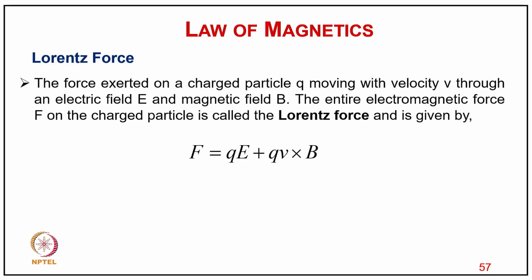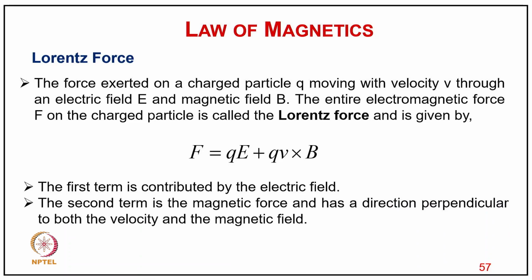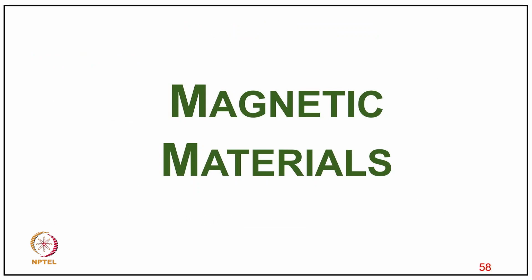The Lorentz force is the force exerted on a charged particle moving with velocity v through an electric field E and magnetic field B. The entire force on the charged particle is called the Lorentz force and is given by F equal to qE plus q v cross B. The first term is contributed by the electric field, and the second term is the magnetic force, which has a direction perpendicular to the velocity and the magnetic field.